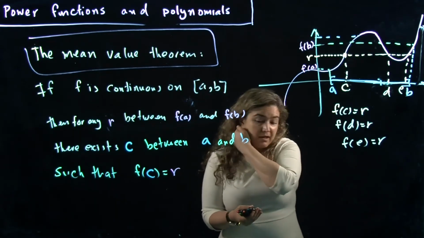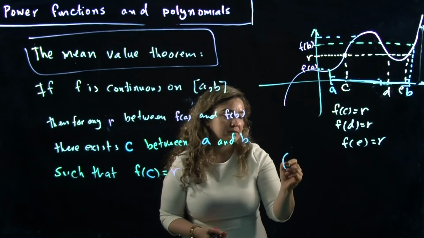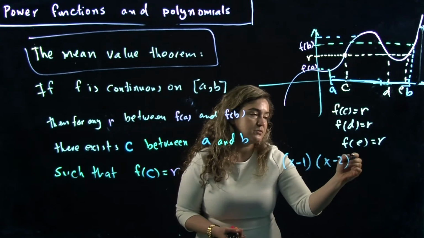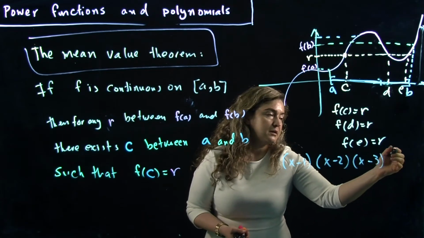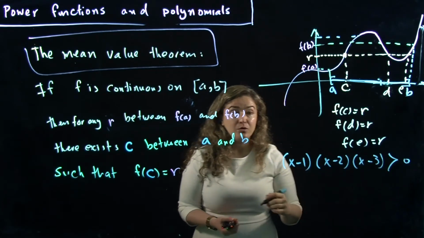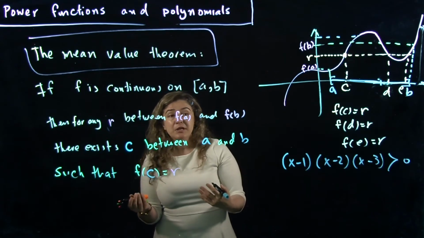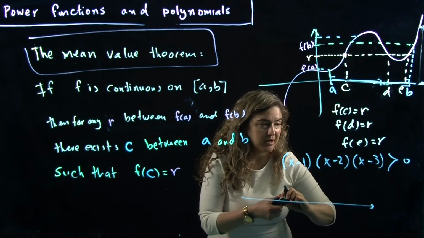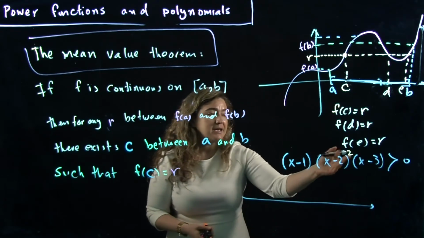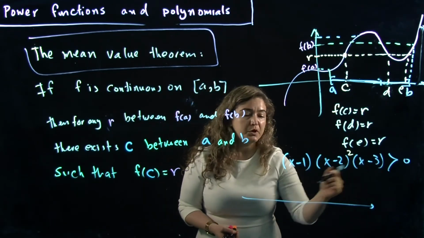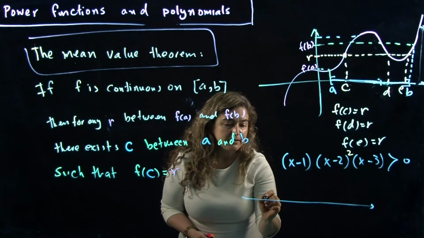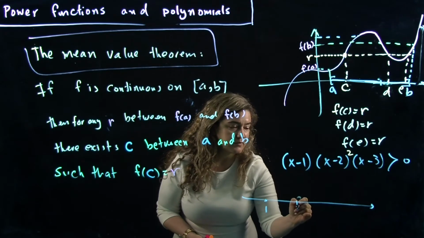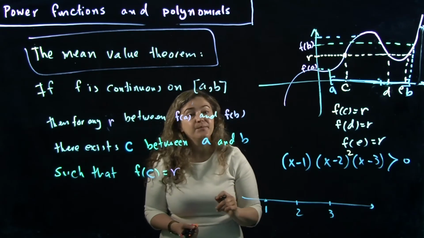So for example, if I'm solving, let's say, (x minus 1) times (x minus 2) to the power 2 times (x minus 3) bigger than 0, then as we learned, I'm supposed to put all the zeros on the number line: 1, this one gives me 2, this one gives me 3.